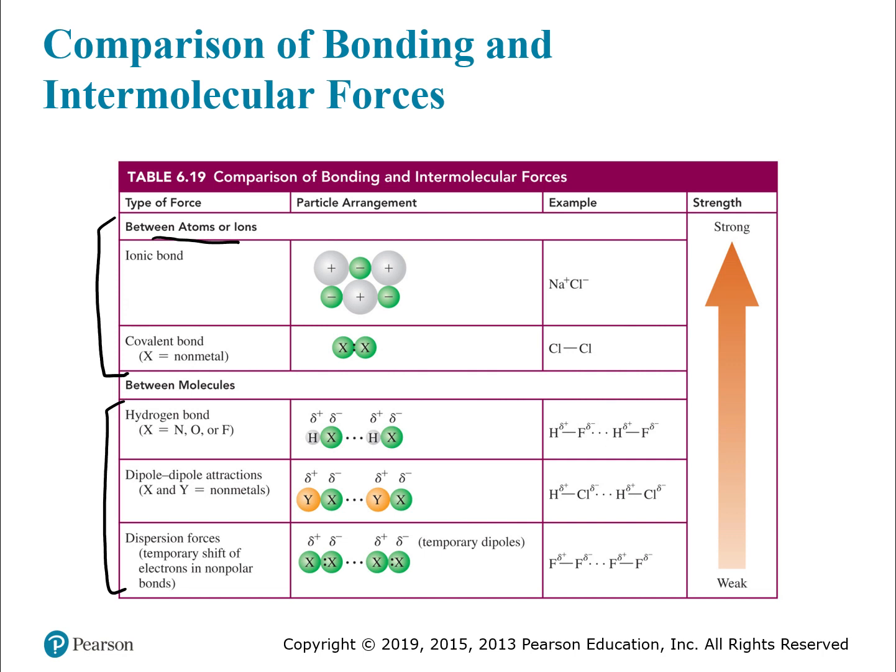We're talking about the arrangement of the atoms, and then how those arrangements influence how the molecules interact with each other. So you're going to want to be able to talk through this chart and understand the different trends and how they relate.